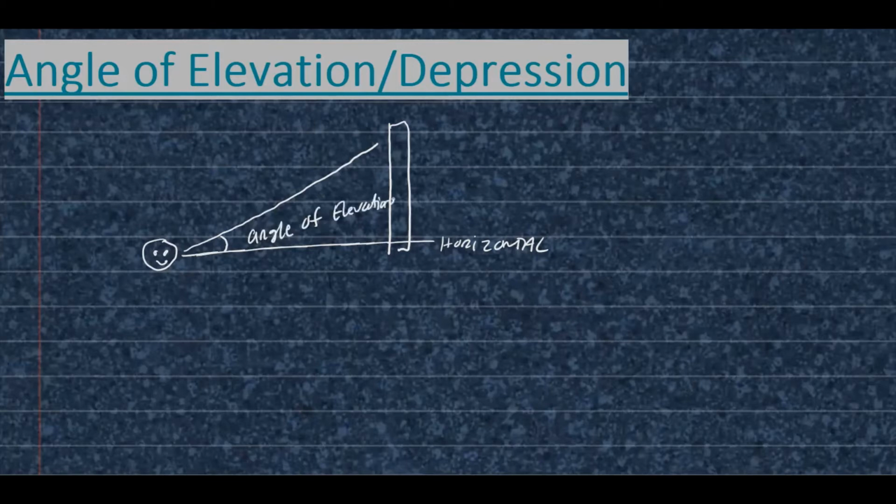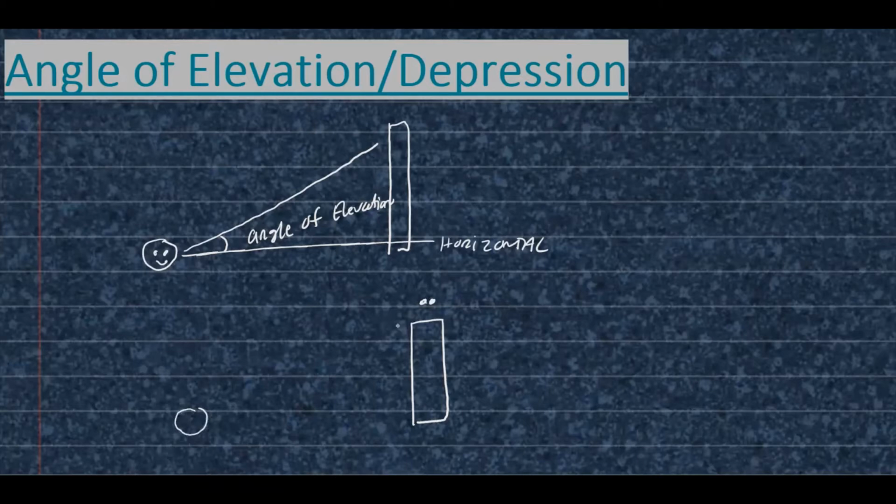Okay, so that's pretty much how you can understand what the angle of elevation is. Now take another scenario. Say we have a tall building here, and we have an observer up here who looks down at something, let's just say a park.